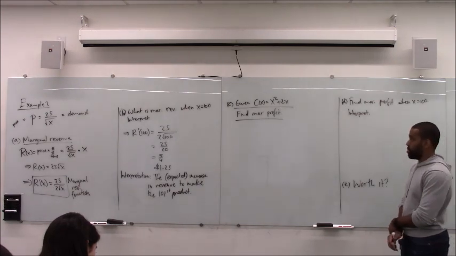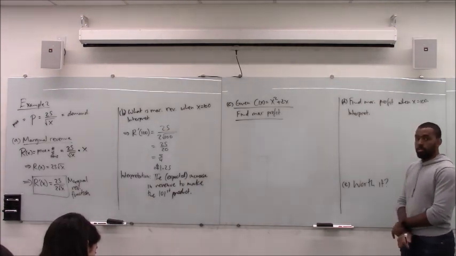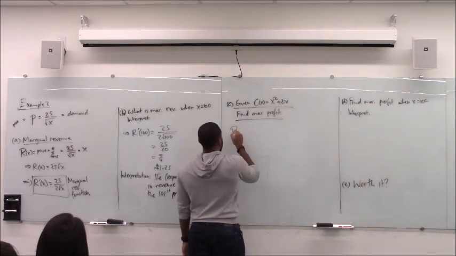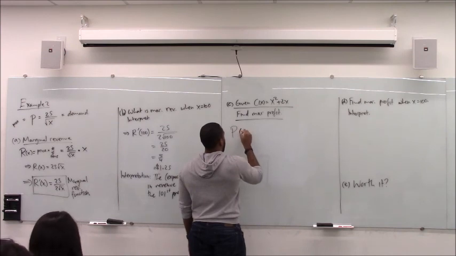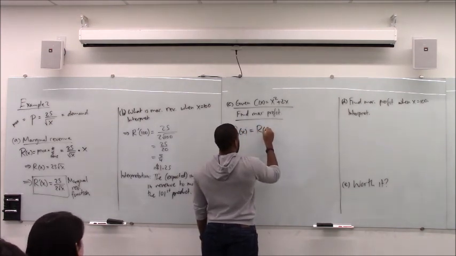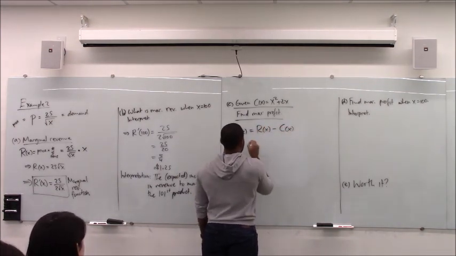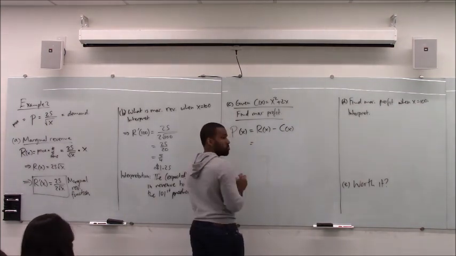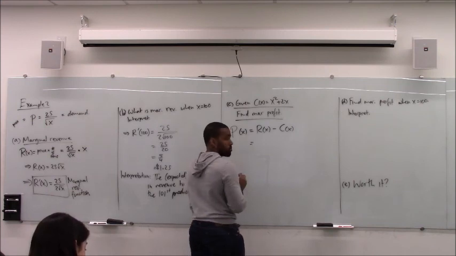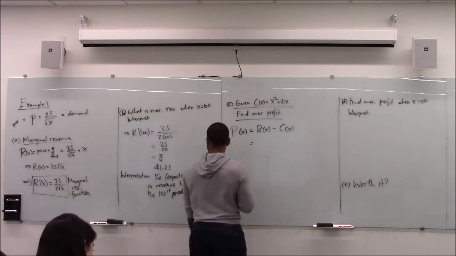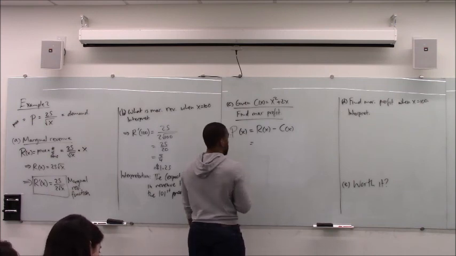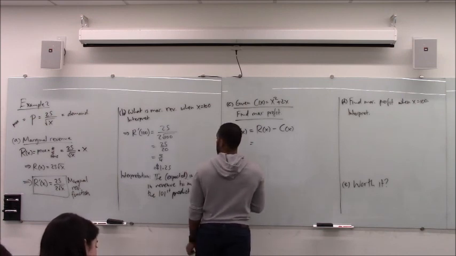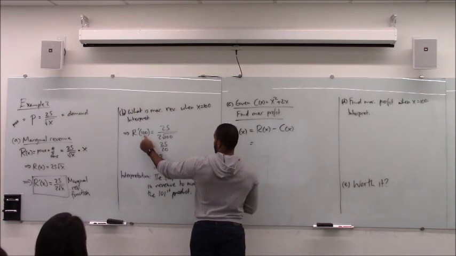So how would you find profit? Profit equals revenue minus cost. Do we know the revenue? 1.25 is the marginal revenue at a specific point.